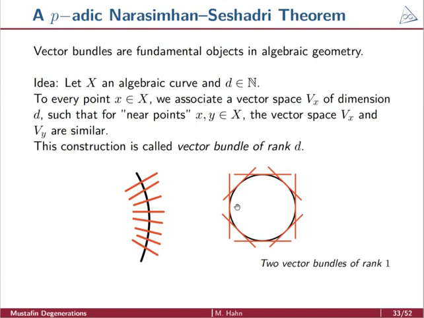This can be seen here, but maybe is clearer in the case of the circle. To every point we associate a tangent line. Then if we move along the circle, this tangent line smoothly follows this movement. And this is exactly the condition that for near points the vector spaces are supposed to be similar.